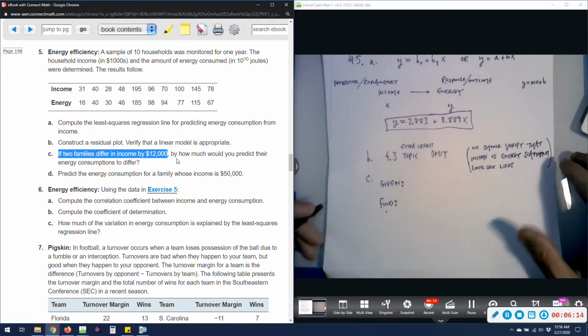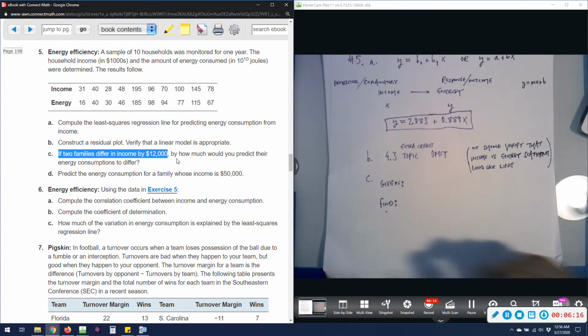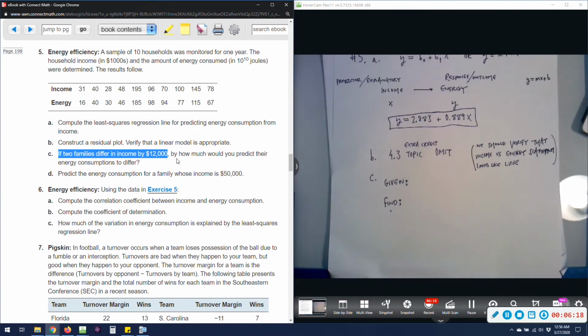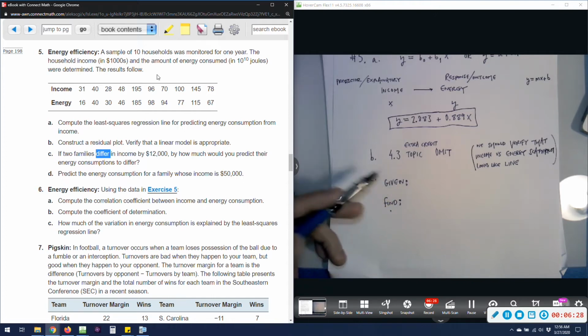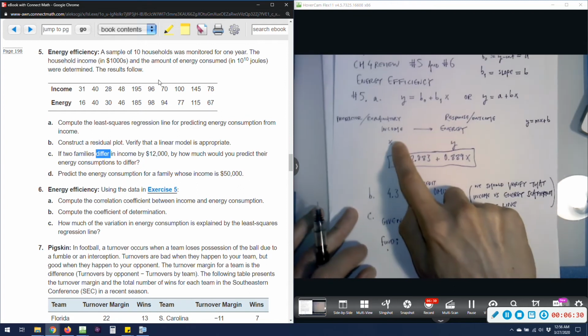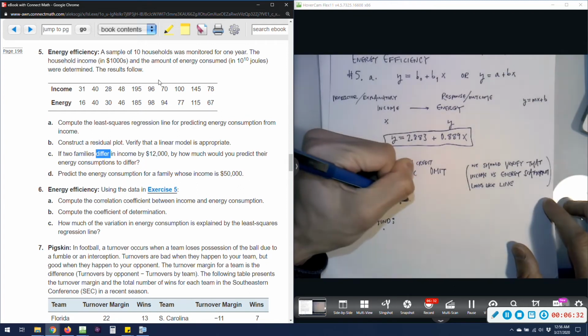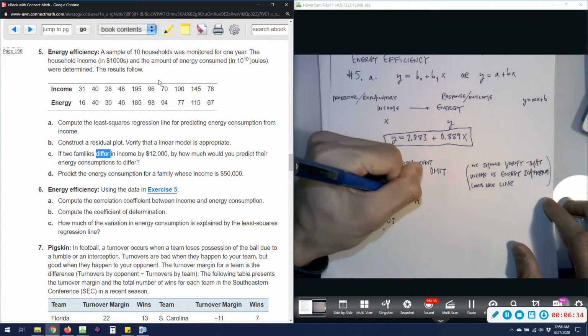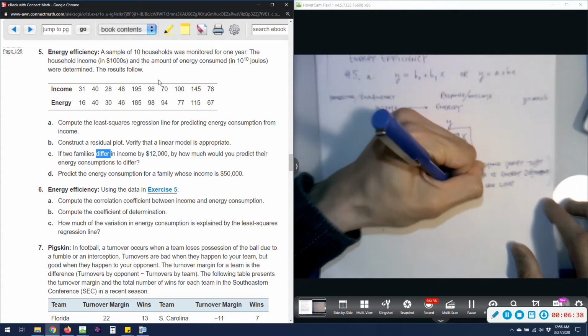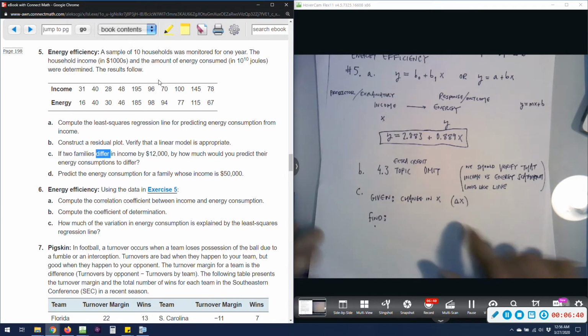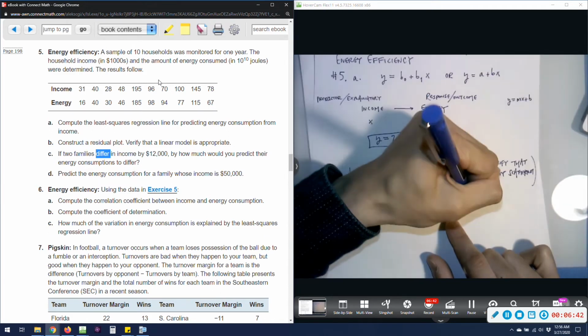So you're given a difference. A difference is a change. Remember, difference is change. And this is income. Income is what we called X. So we're really given a change in X, and the change in X is $12,000.